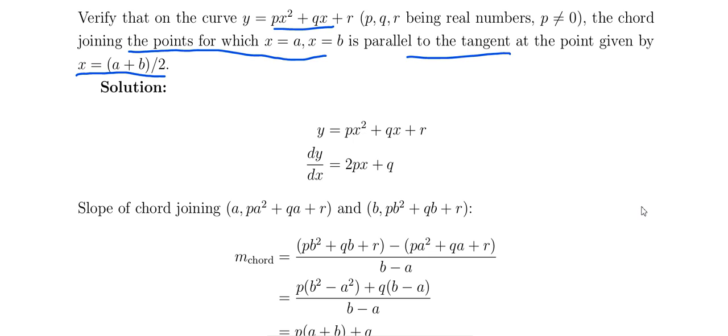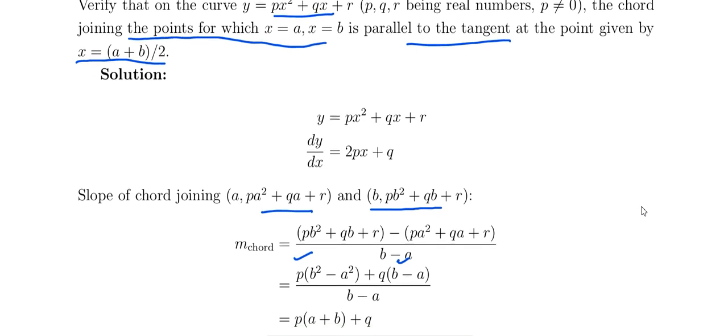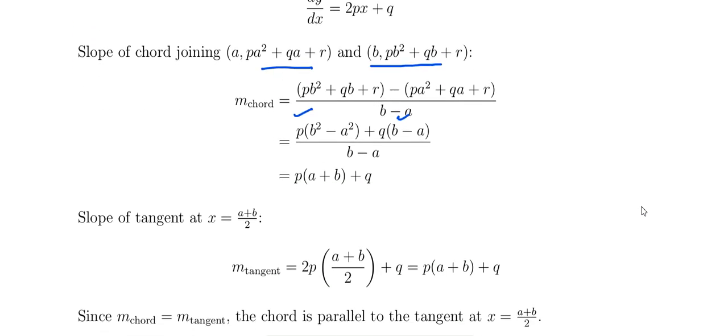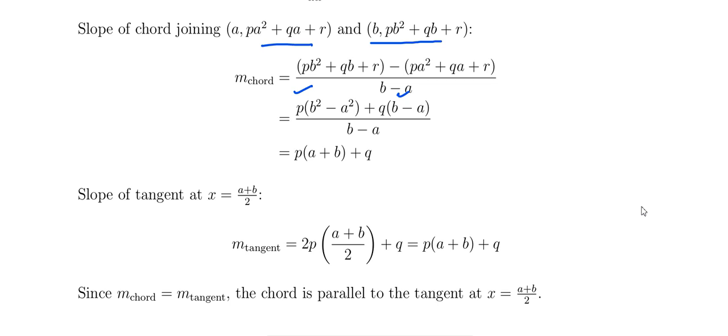The slope of the chord joining x equal to a and x equal to b is f of b minus f of a divided by b minus a. Simplifying, taking p common, b square minus a square, q common b minus a, and r cancels.